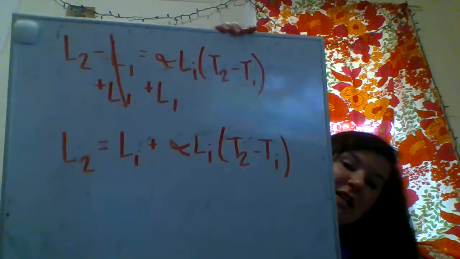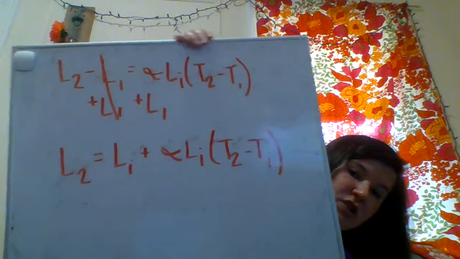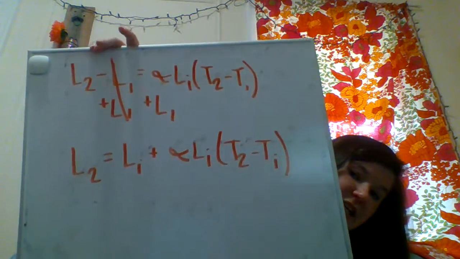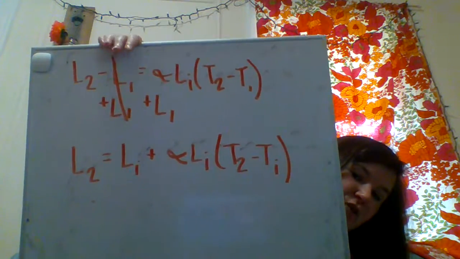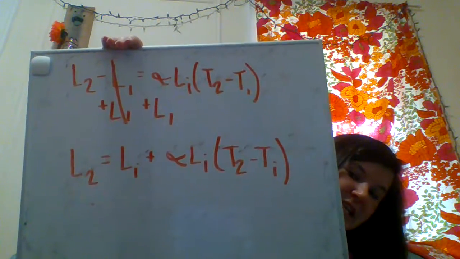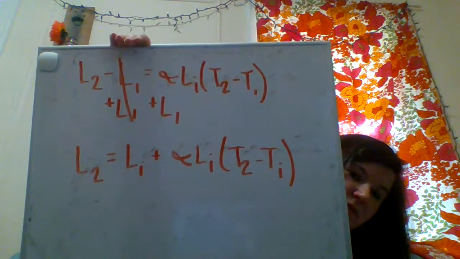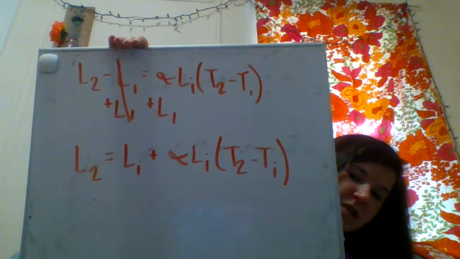L2 equals L1 plus that. So this is the equation we're going to use. All I did is I broke up that change in length, so I made it L2 minus L1, and then I just added L1 to both sides to get L2 by itself. And now all we do is plug in.